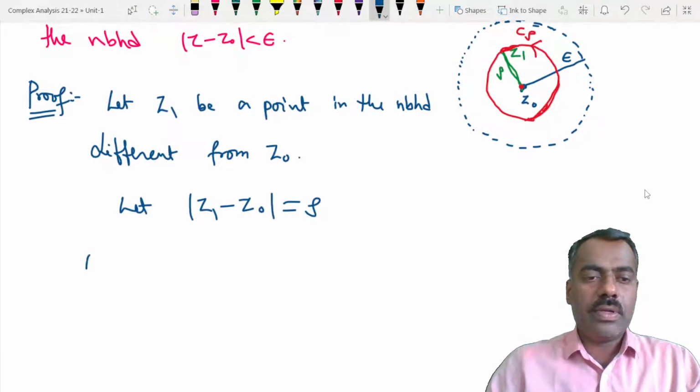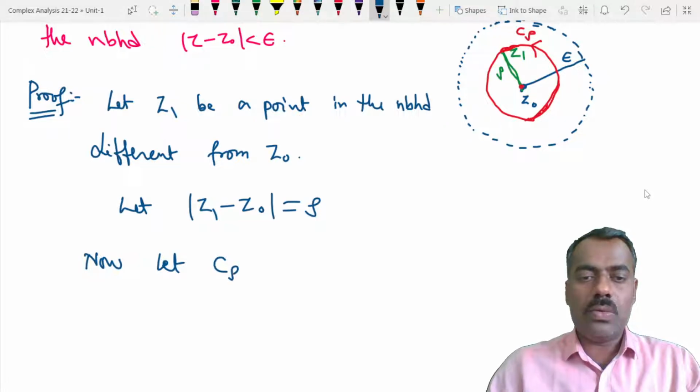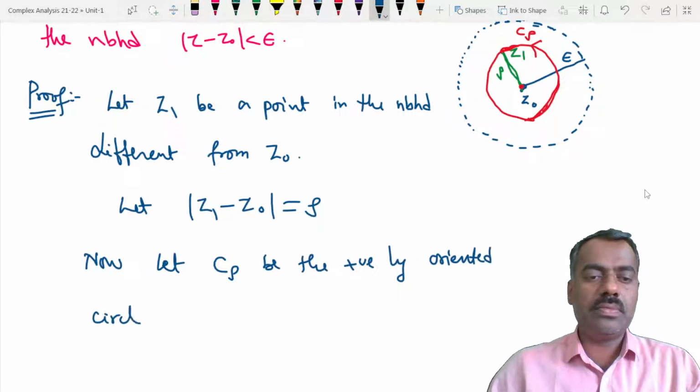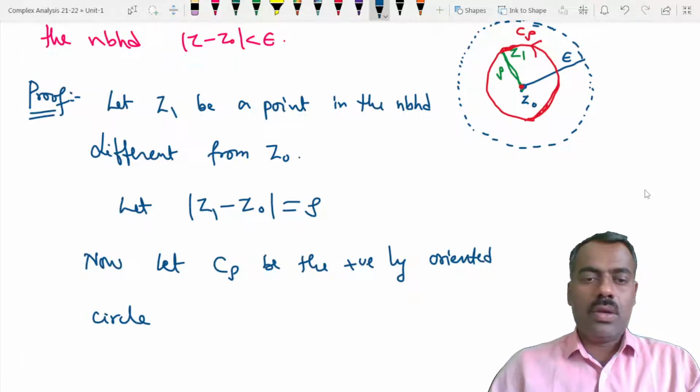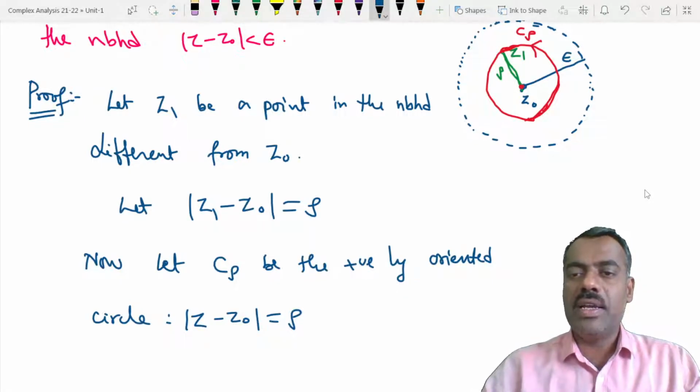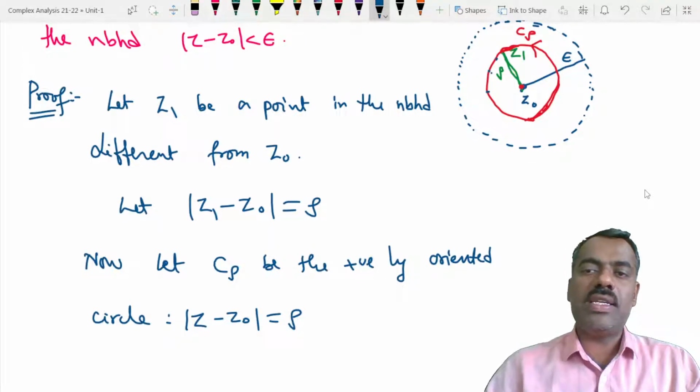Now let C rho be the positively oriented circle mod z minus z naught equal to rho. If you have any point z here, the distance from this to z naught is rho.